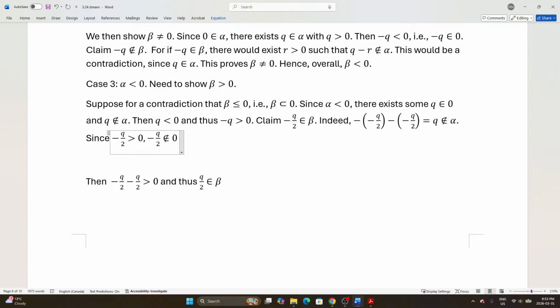Okay, so here we have, therefore, this proves this, or is that contradicting? Contradicting beta is contained in zero. Okay, so that's case 3 done.